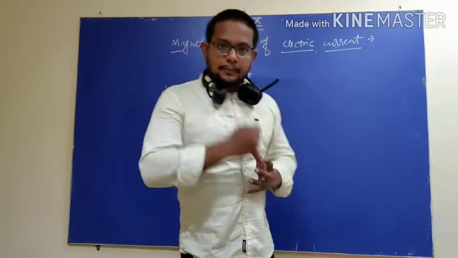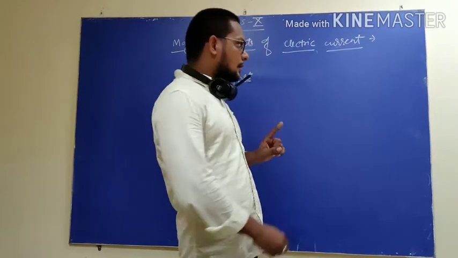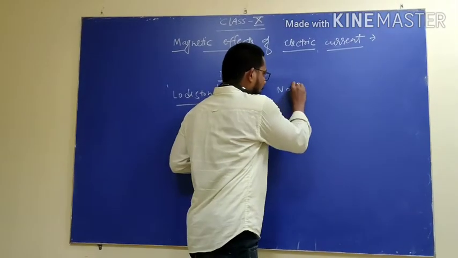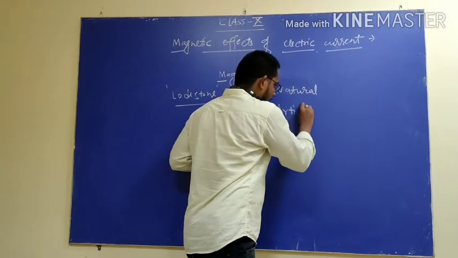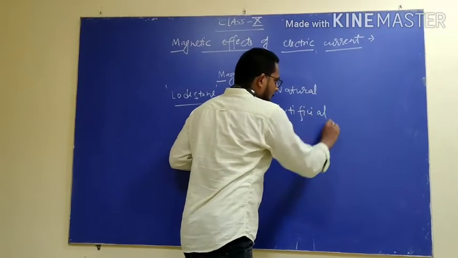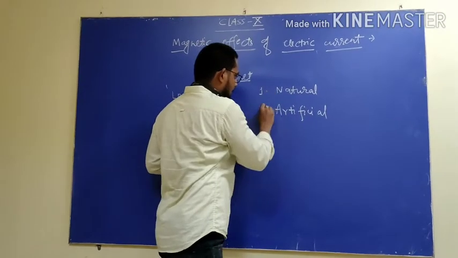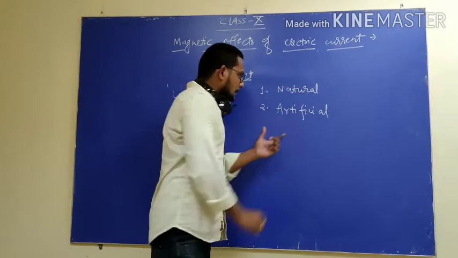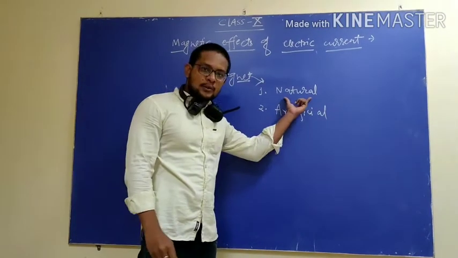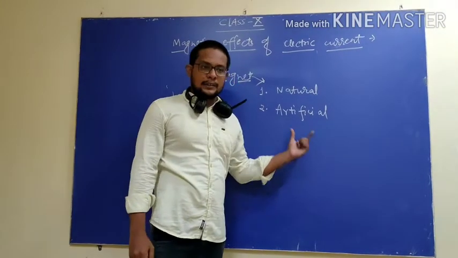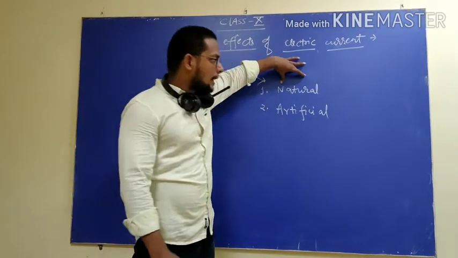Magnets are of two types. The first one is natural and the second one is artificial. What is a natural magnet?